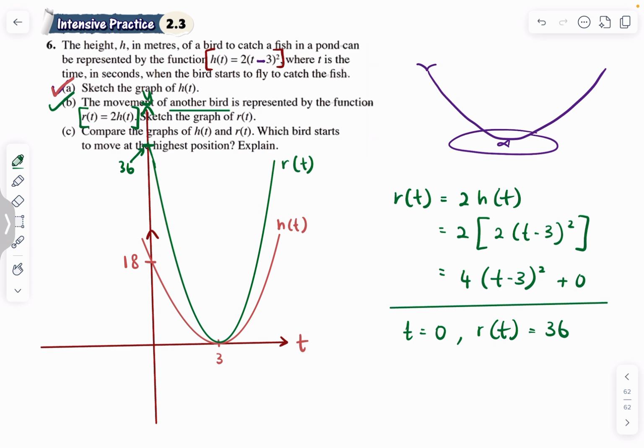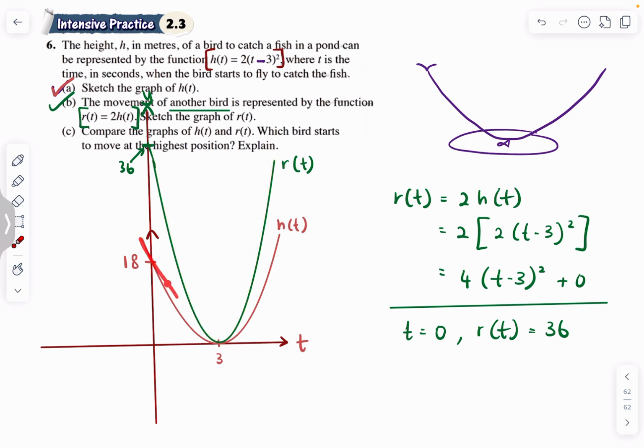Done. Next, C. Compare the graph of h(t) and r(t). Which bird starts to move at the highest position? Explain. Right. So the trajectory of r(t) is actually a steep turn down and a steep climb up.